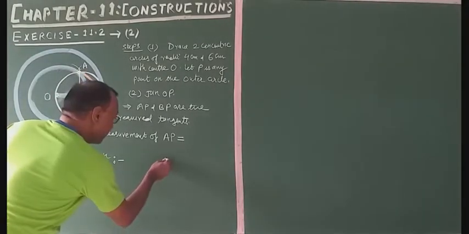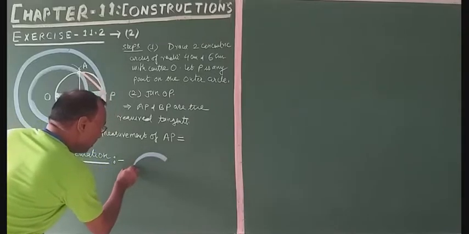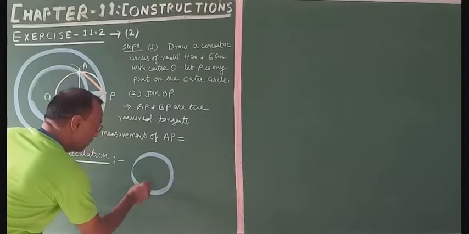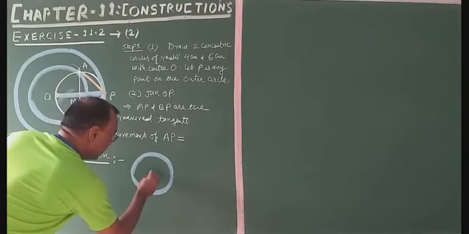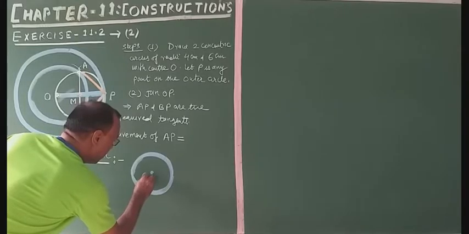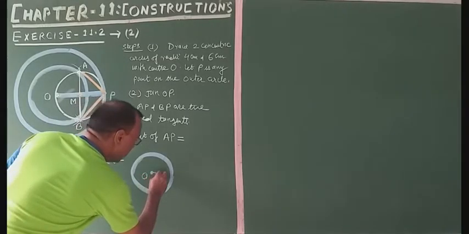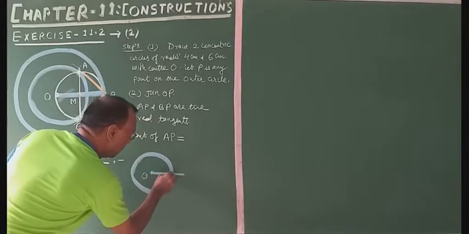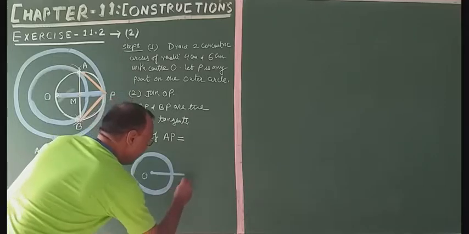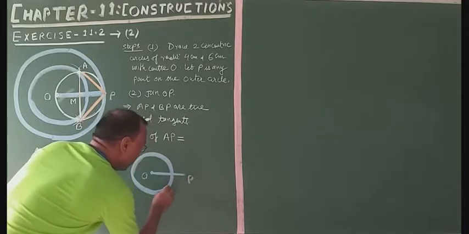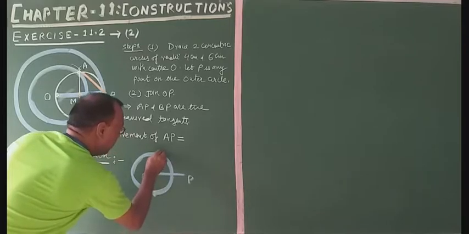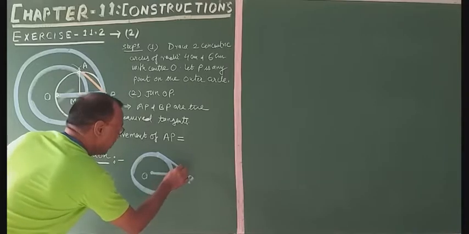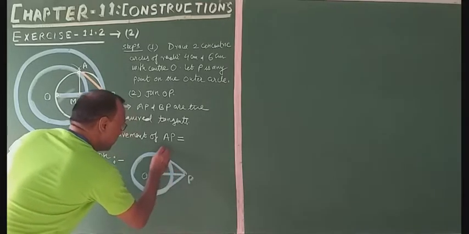This is the smaller circle, this is the center O, this was the point P, and these were the tangents.